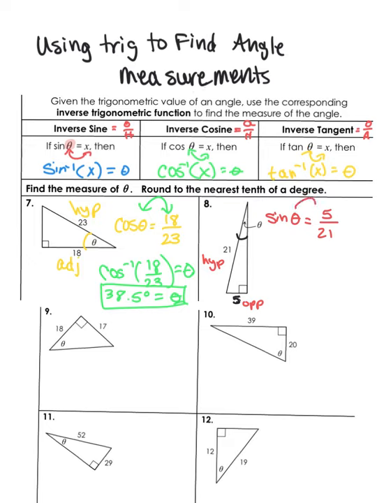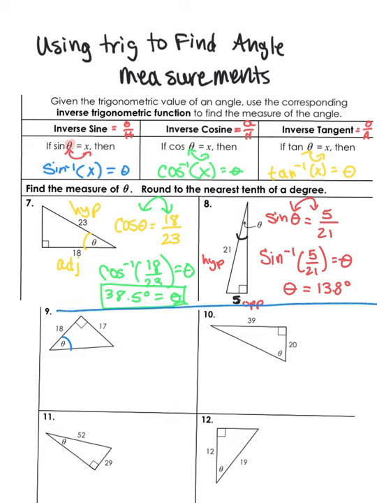I want to know what theta is, so I need to switch these two. In order to switch them, I have to do the inverse sine of 5 over 21 is equal to theta. Put this in my calculator, and I get theta is equal to 13.8 degrees.